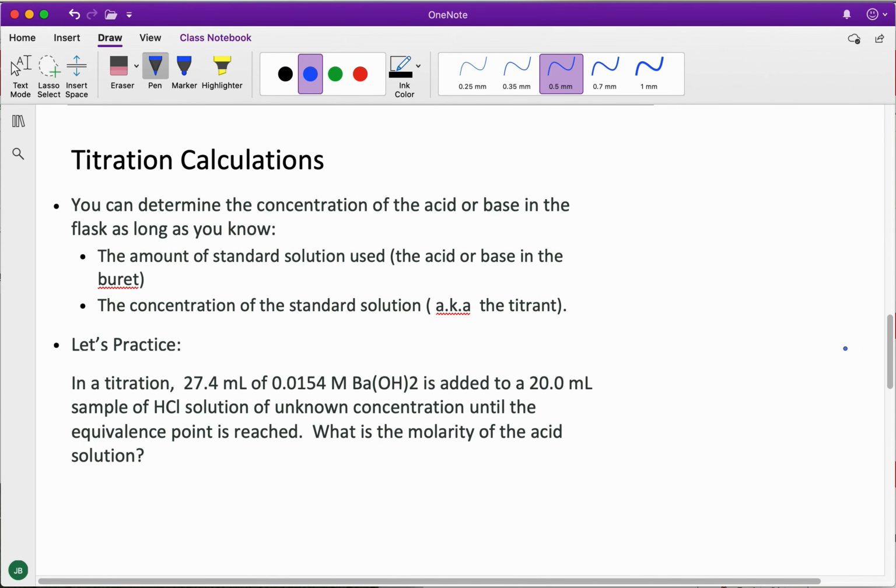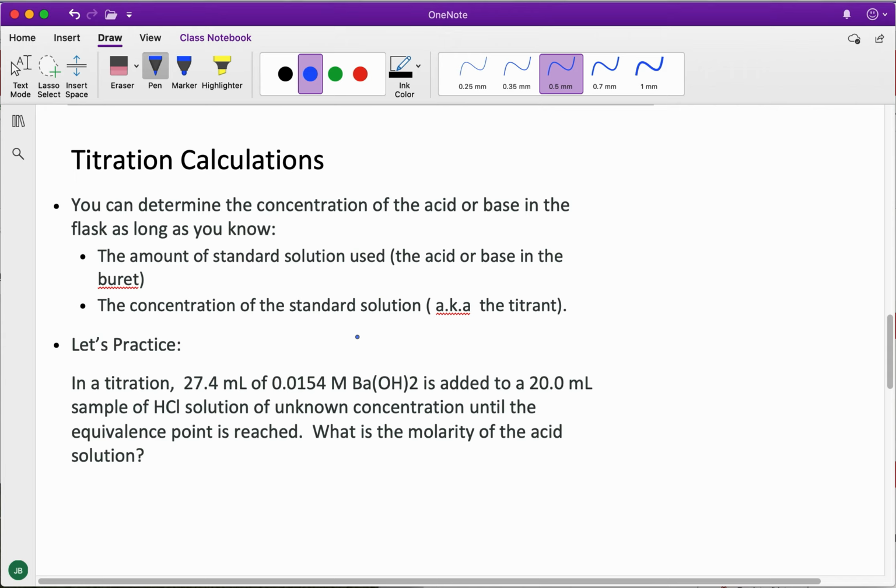So remember, the whole point of doing these titrations is to determine the concentration of the unknown solution in that Erlenmeyer flask. You can determine the concentration of the acid or base in the flask as long as you know the amount of standard solution used.